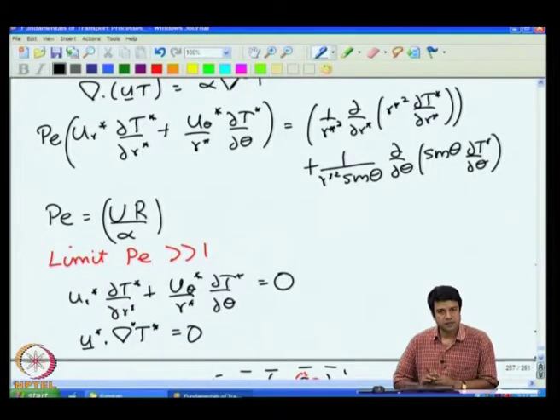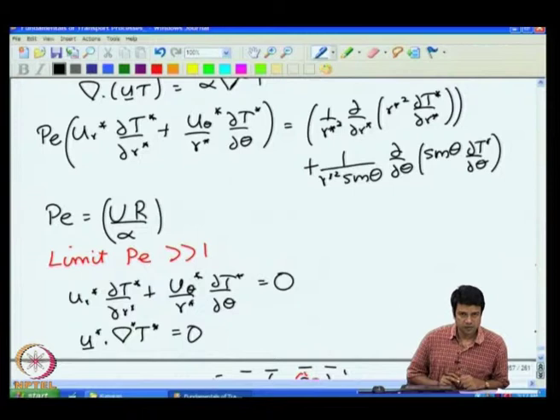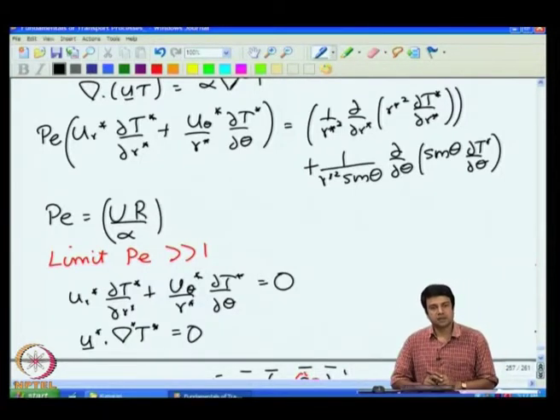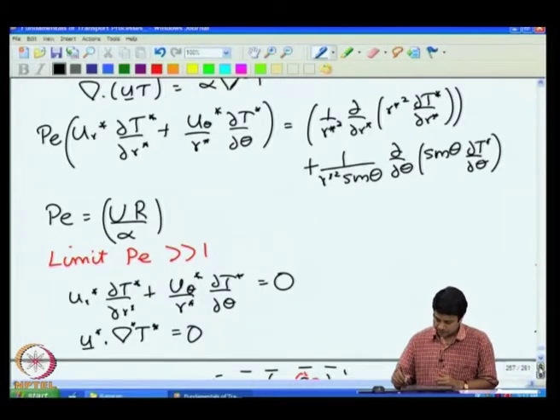If I consider the limit of very high Peclet number and neglect the diffusion terms altogether, then I get an equation of the type u dot grad T is equal to 0. Or u r dT by dr plus u theta by r dT by d theta is equal to 0. U dot grad T is equal to 0 means there is no variation of the temperature along the streamlines. Okay.